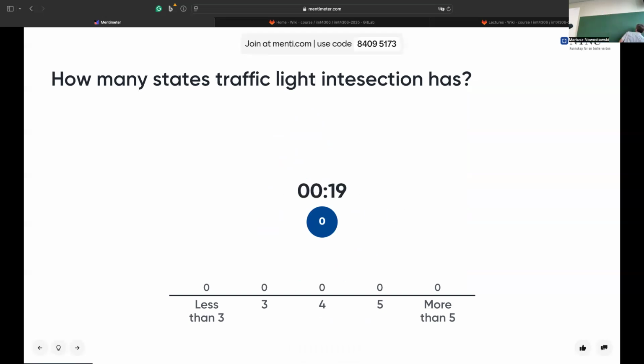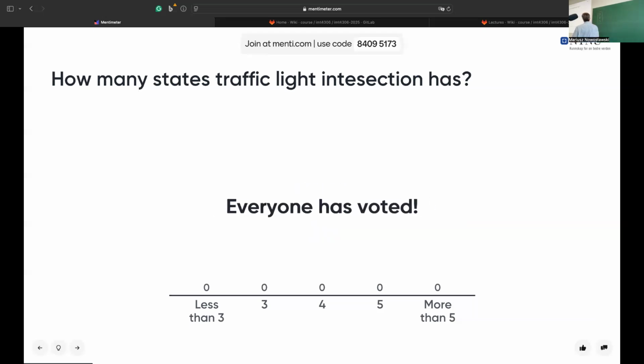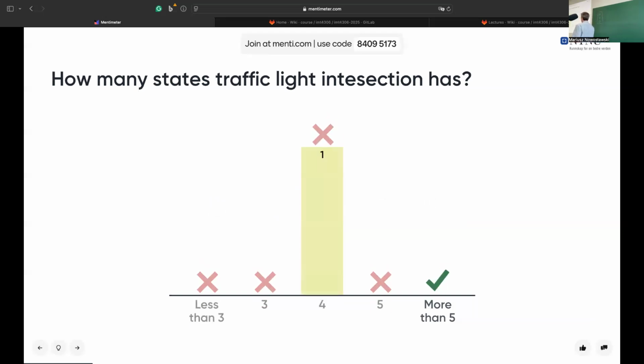So we have normal traffic lights with green, orange, and red. When you're approaching it, how many states can we have? So one is green, go, right?